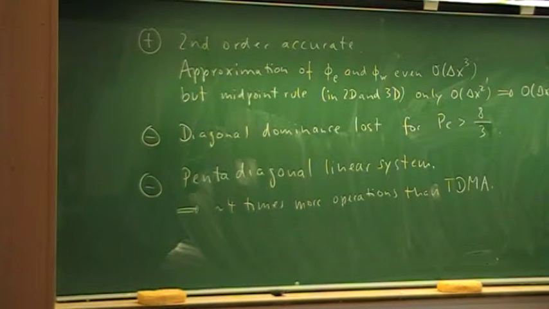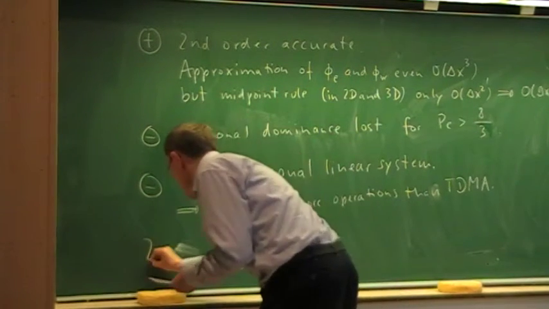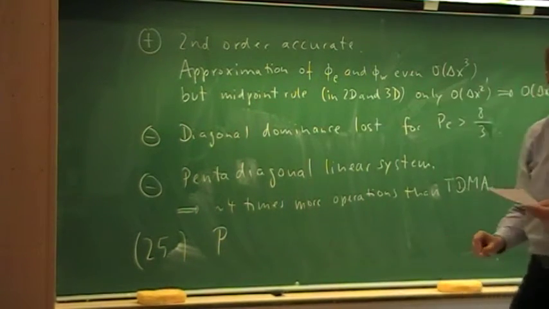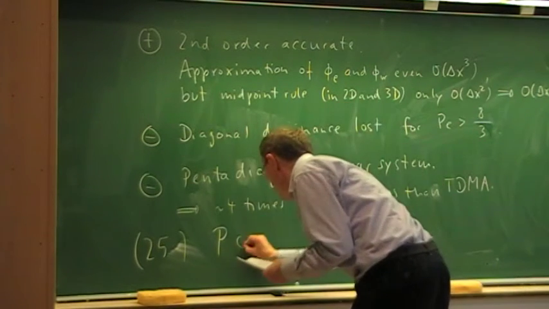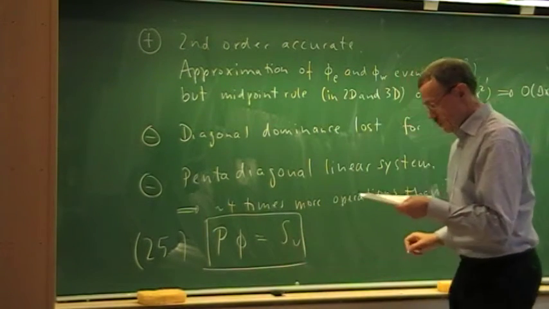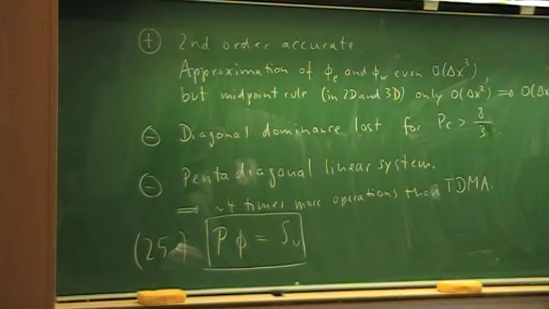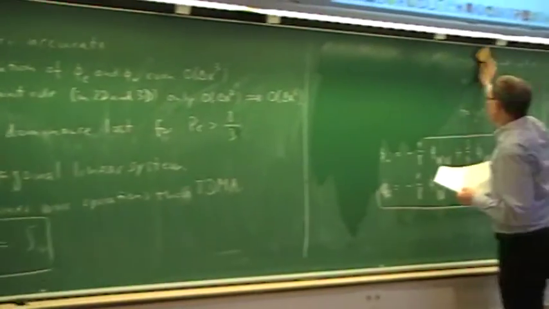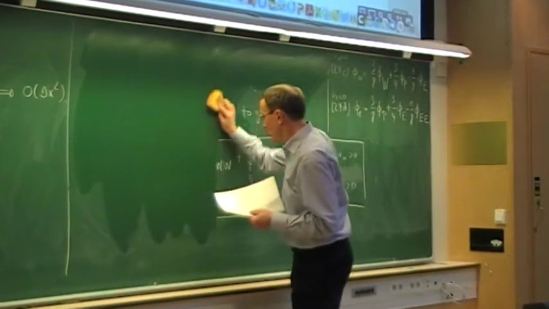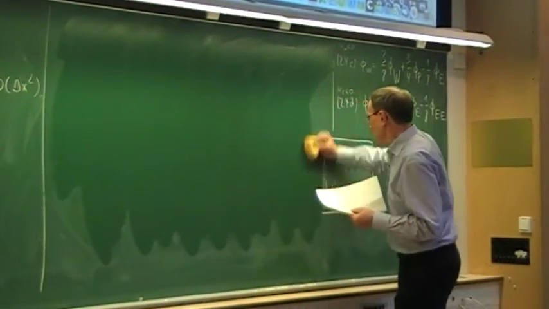The system that we have to solve we can write in the form where, instead of calling the matrix A, we call it P: P phi is equal to the uniform part of the source plane. So that is what we get. If we don't like that, but rather like to use the TDMA, but then we would have to use it several times, we could use something that is called deferred correction, that we shall see now.